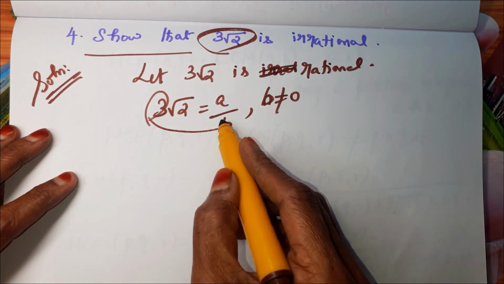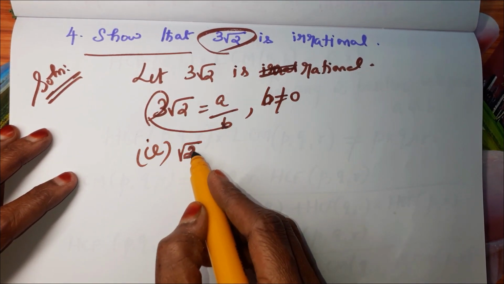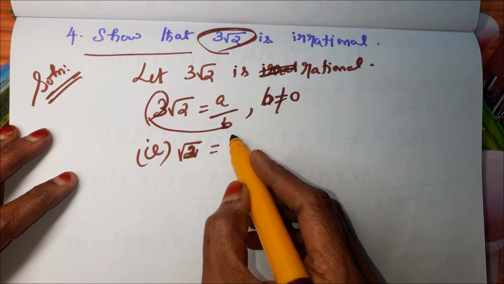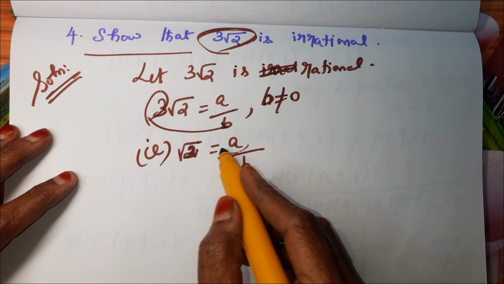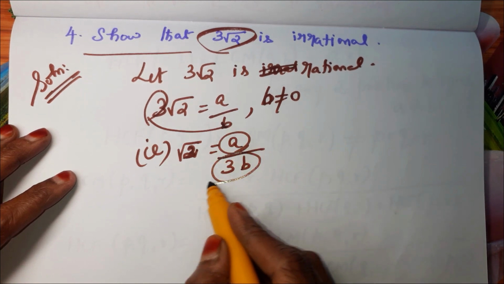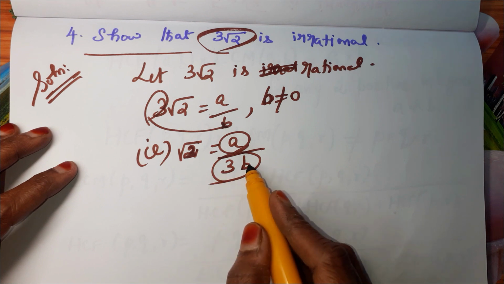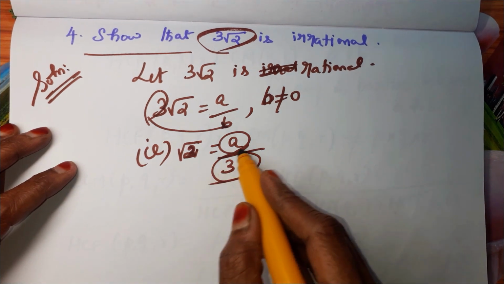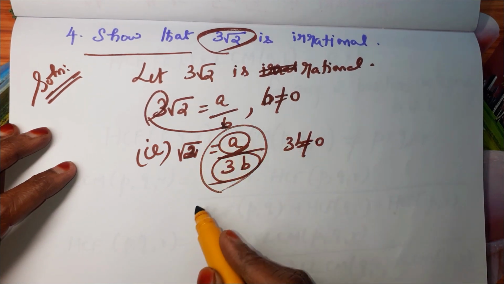Bring this 3 to the other side. So root 2 is equal to a by 3b. This is an integer, and b is an integer, so when multiplied with 3 it is also an integer, with the denominator 3b not equal to 0. Therefore it is a rational number.